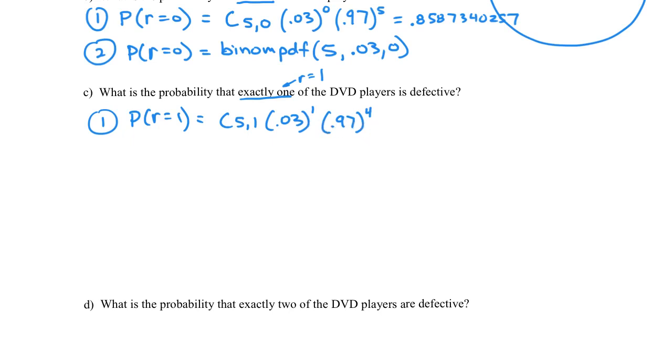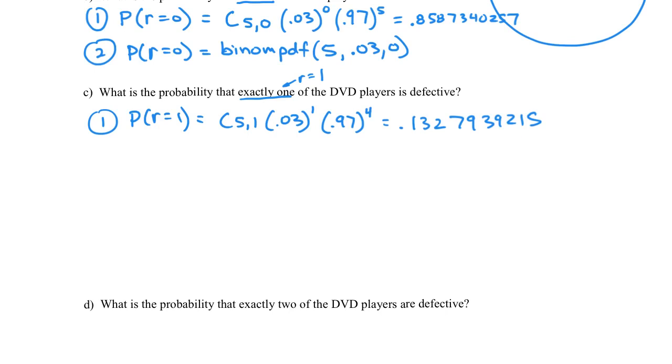So if we punch this in the calculator, we end up with 0.13279399215. So if you look at what it's saying, there's about a 13% chance of this happening.